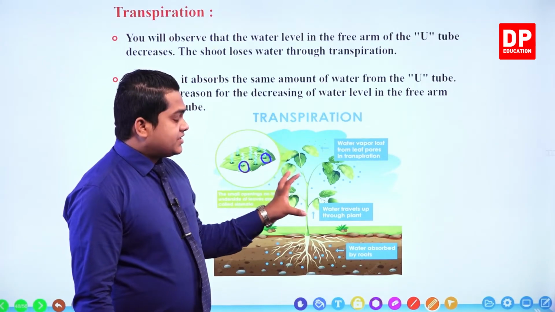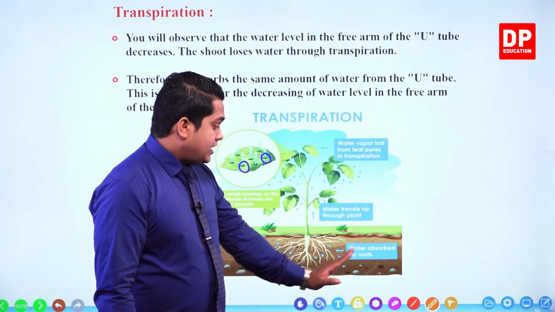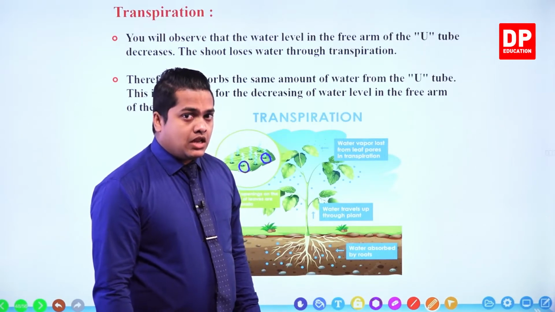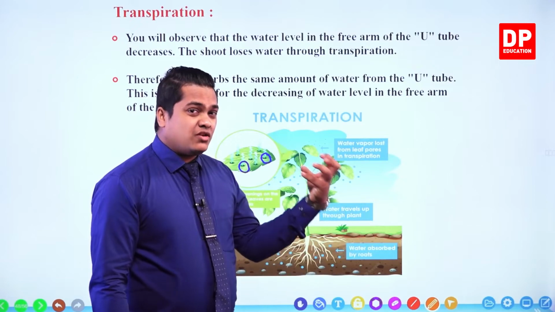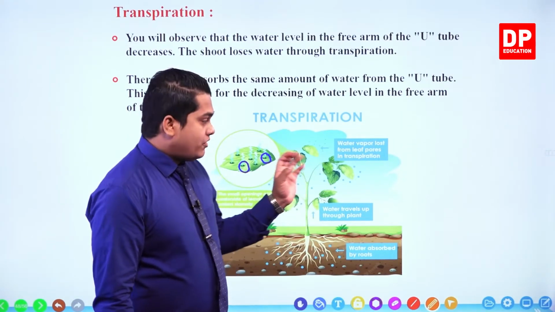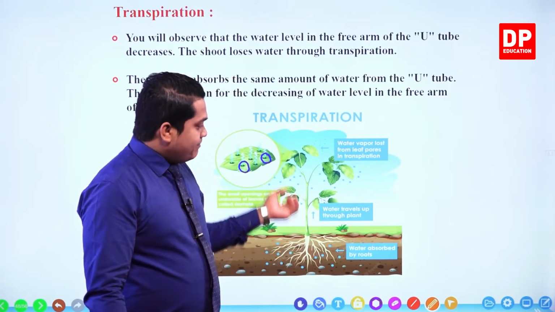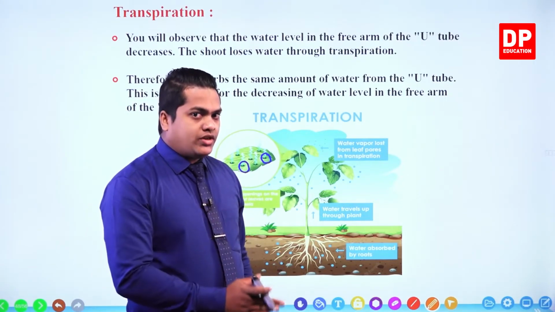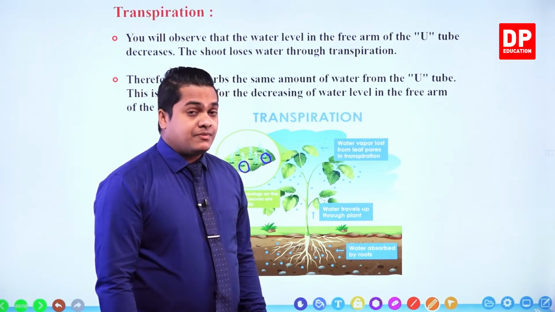Actually, this transpiration process helps to take water to the top parts of the plant as well. It's like a pull, and we refer to this as the transpiration pull. Upon releasing water vapor to the environment, water is pulled up. It helps to transport water to the upper parts of the plant.